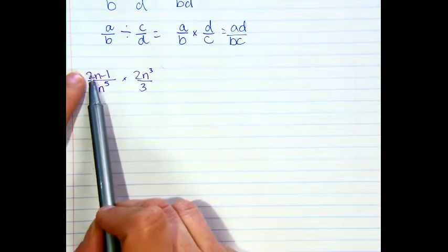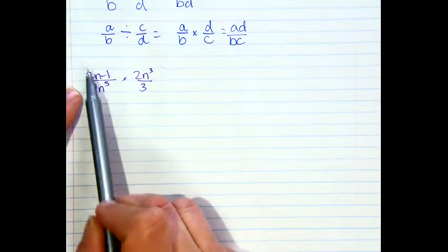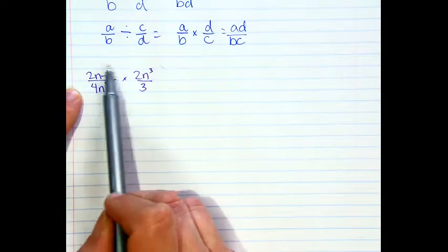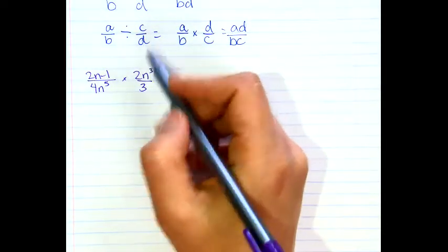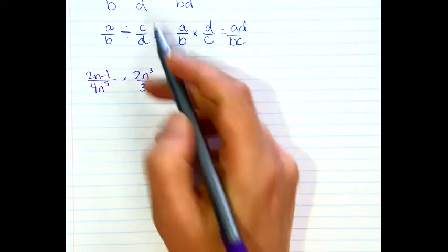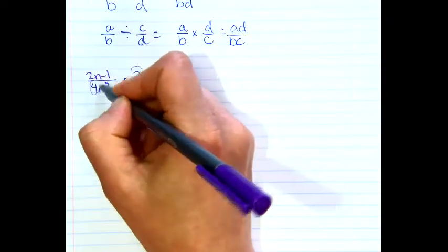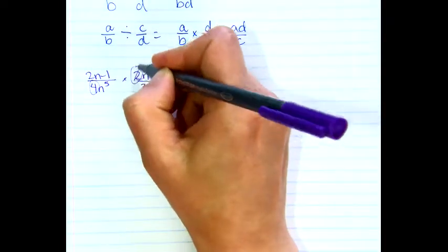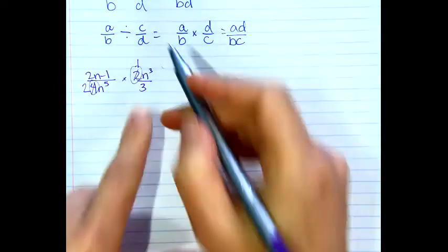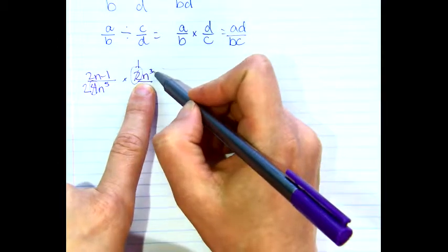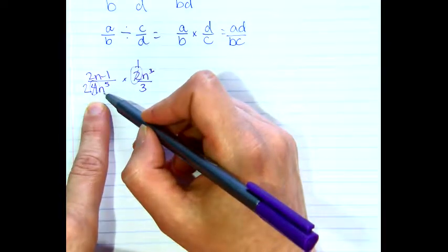So I can't take this 2 and this 4 and divide those out because I have that minus 1 stuck on the end. So instead, when I look across, I have a 2 here and a 4 here that can simplify. So 2 goes into 2 one time, 2 goes into 4 twice. And then I also have an n cubed up here and an n to the 5th down here.